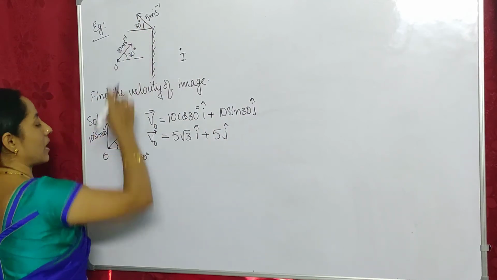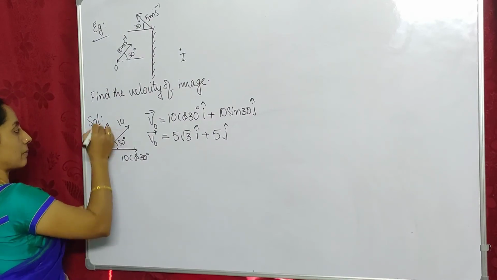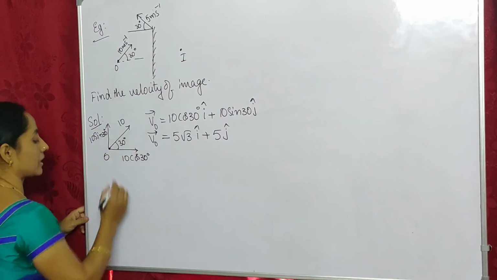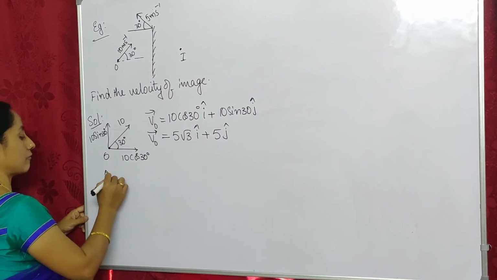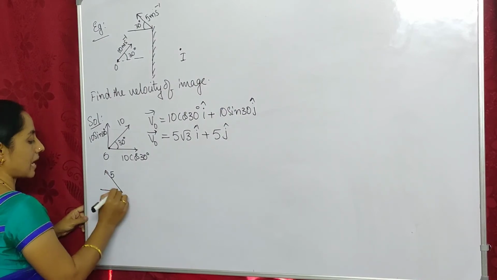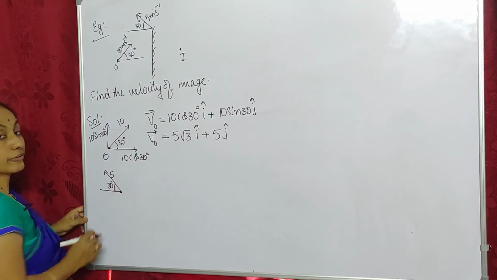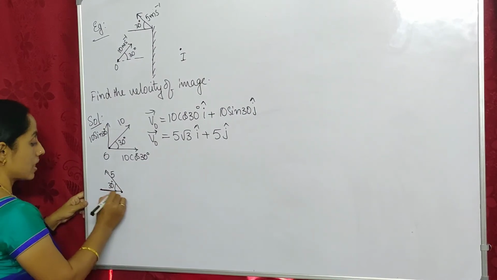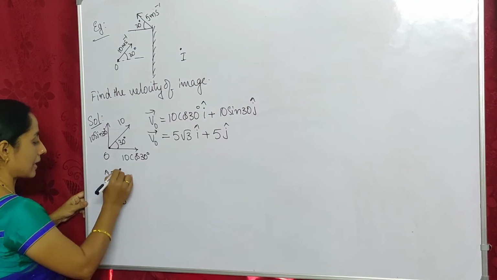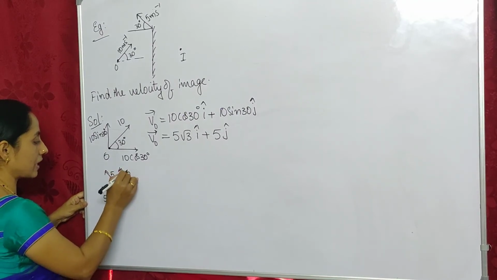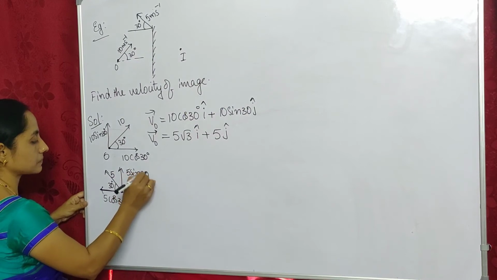Next Vm bar. Let us see for mirror again. This is for mirror I am drawing. For mirror the line is like this. This is 5 meter per second. The angle is 30 degrees here. So if you divide into two components, this becomes 5 cos 30 degrees and this part becomes 5 sin 30 degrees.